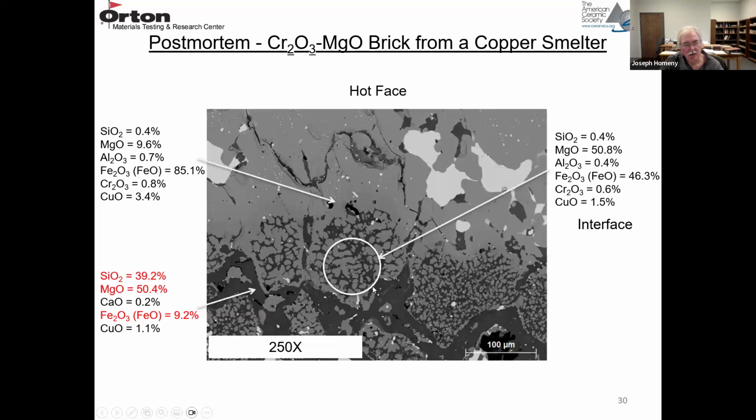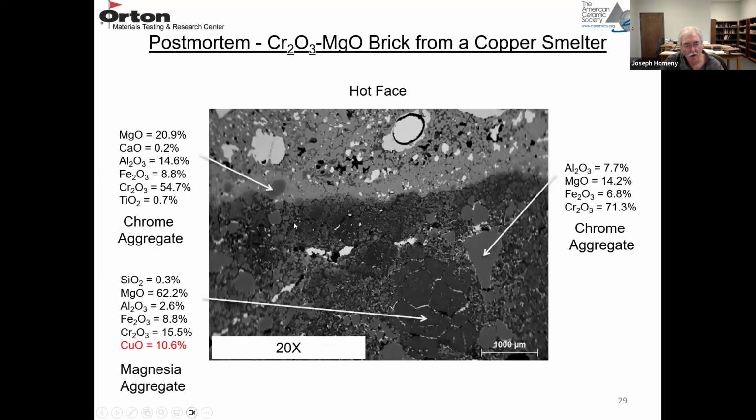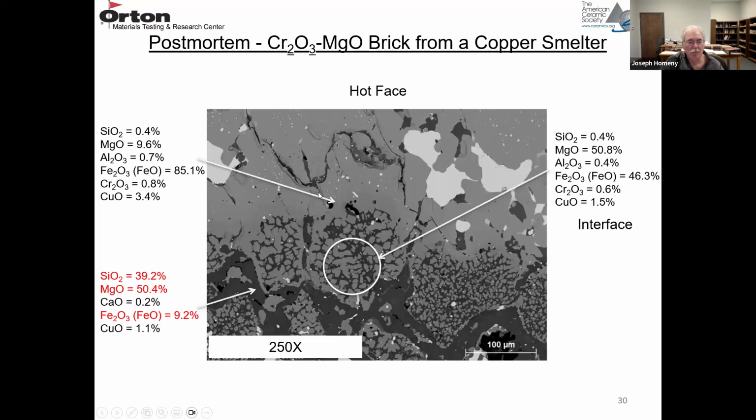And then going up into higher magnification, right at this interface here, it looks like this. The dark gray area here is rich in silica, MgO, and then the iron oxide. So this would have been an original MgO aggregate, but it's now been infiltrated substantially with silica and Fe2O3 or FeO.